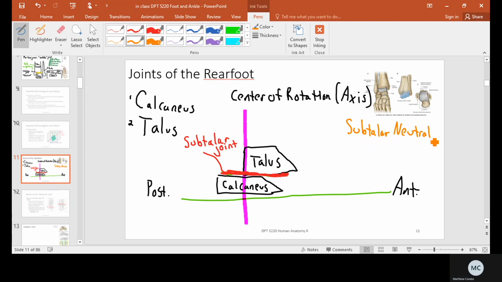For those of you who wear shoe inserts or orthotics, why does someone wear orthotics? What am I trying to do with orthotics? Support and stability. Okay, yeah. So essentially, it all goes back to those 3 points of contact.